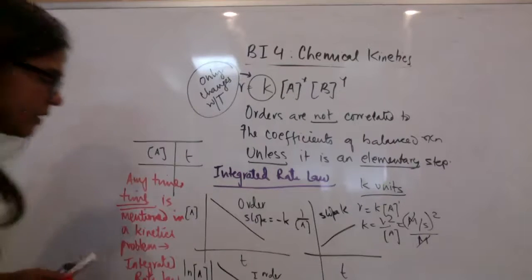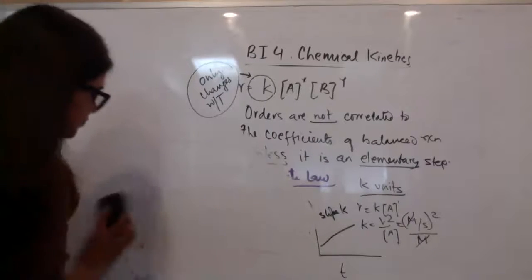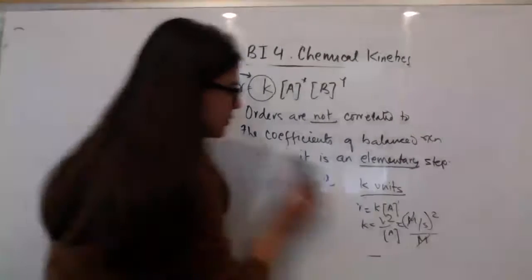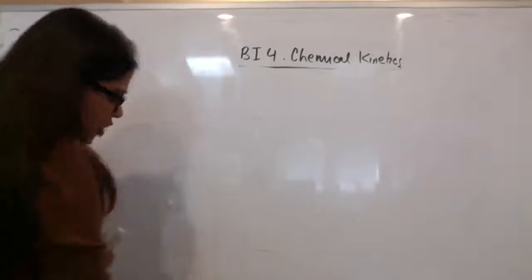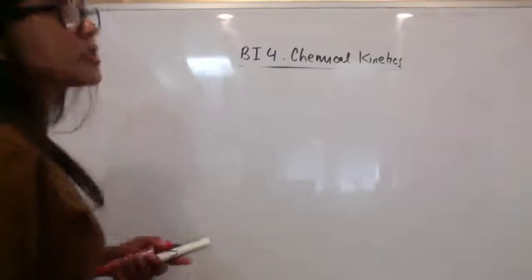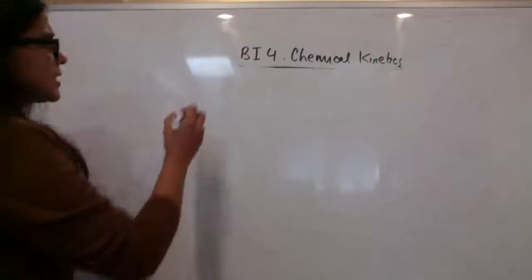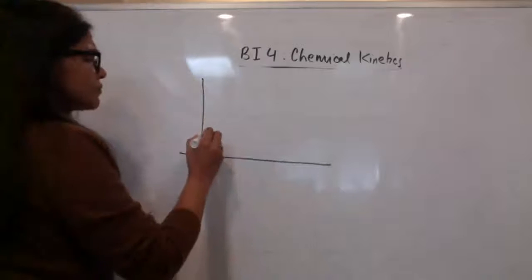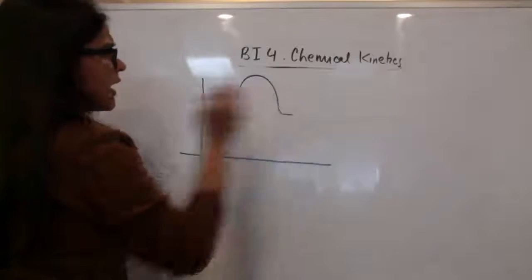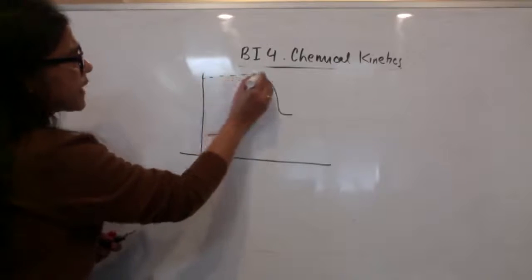Going from here, let's talk a little bit about reaction mechanisms and activation energy. If you increase the temperature, or decrease the temperature, then the rate constant value changes. And remember that activation energy diagram where every reaction acts as if it has to overcome an energy barrier.